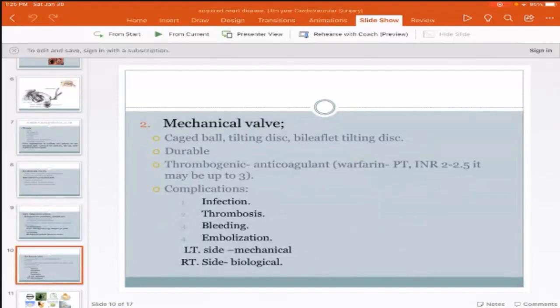Mechanical valve: previously, we had many types in the early era of the mechanical valve when they discovered it.